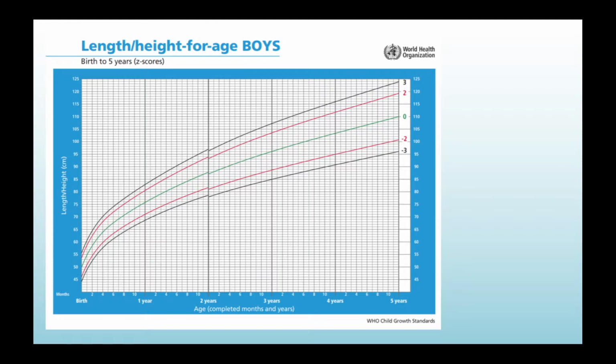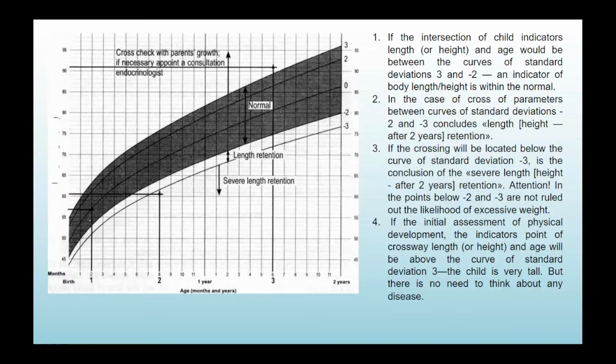Just normal parameters is 0, the green line, and +2 and -2 are deviations from normal parameters. On the next graphics you can see how to make a cross check.